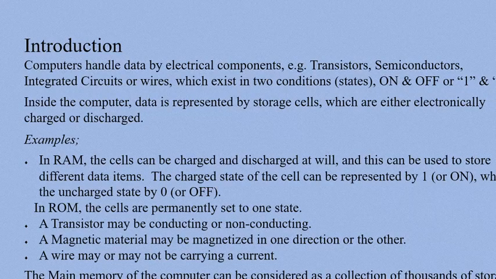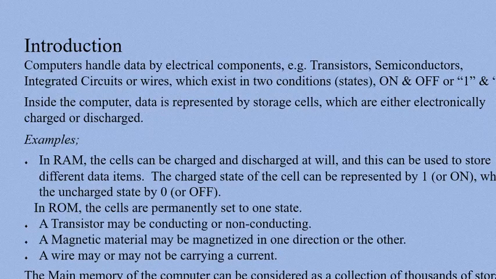Inside the computer, data is represented by storage cells. We call them arrays or variables, which are either electronically charged or discharged. For example, in random access memory or RAM, the cells can be charged and discharged at will, and this can be used to store different data items.